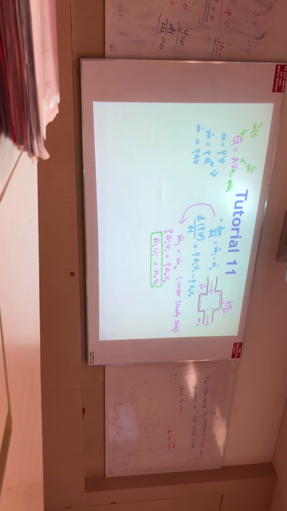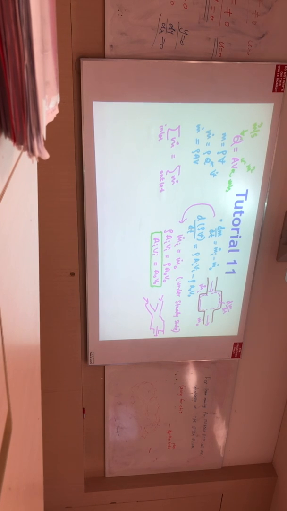Number 1: the summation of mass flow rate at the inlet is equivalent to the summation of mass flow rate at the outlet, because there may be two inlets and one outlet.